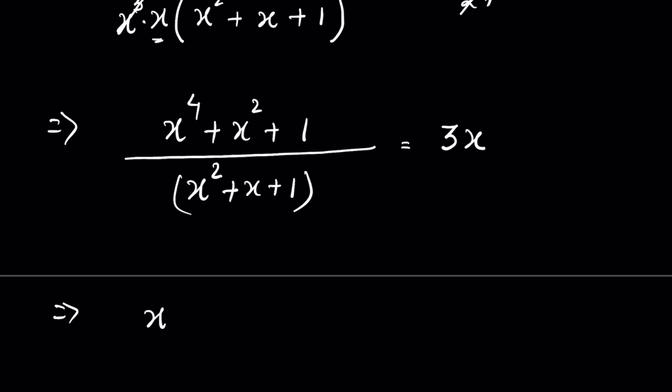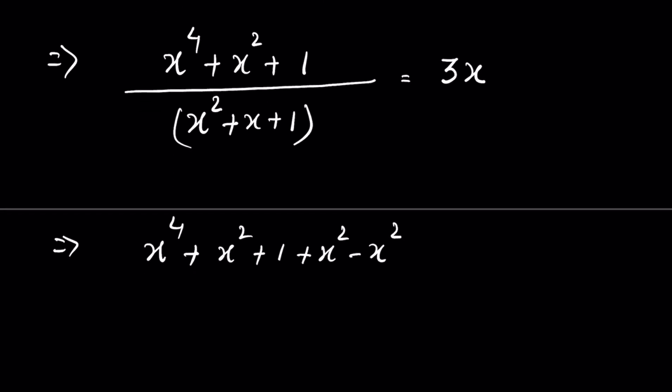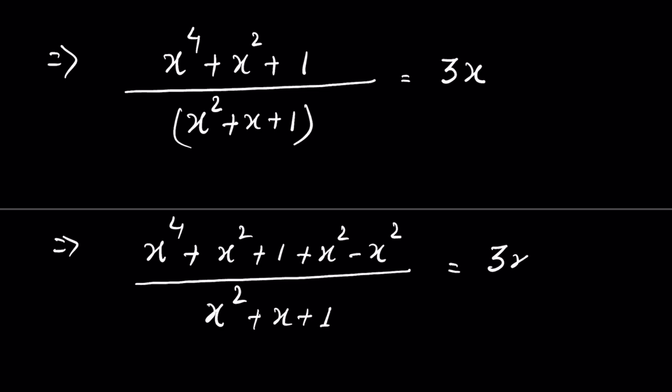Now if we add here x square and subtract x square, then there will be no change in the equation. x square and minus x square get cancelled. So we can add and subtract the same number upon x square plus x plus 1 is equal to 3x.